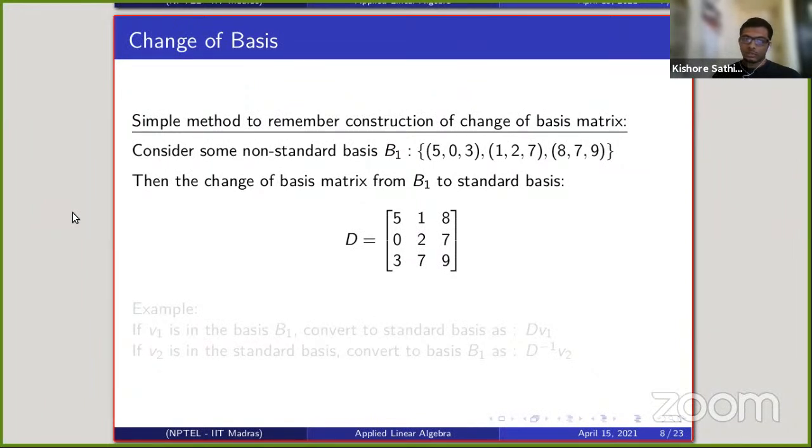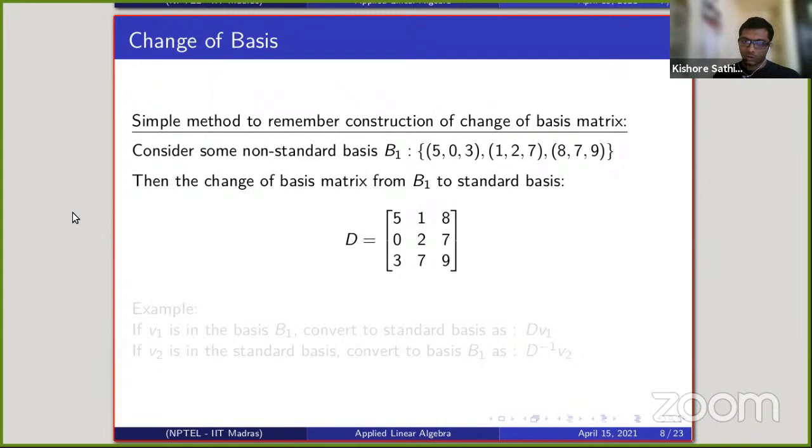So we're just going to be considering for now converting from some non-standard basis to the standard basis. So I've just taken some random numbers over here for the non-standard basis, 503, 127, 879, and constructing the change of basis matrix from this non-standard basis B1 to the standard basis.